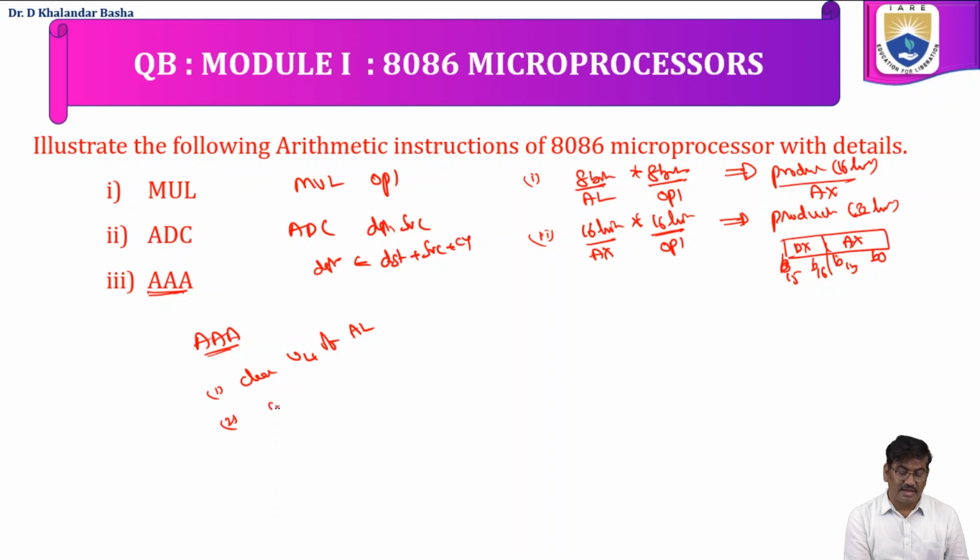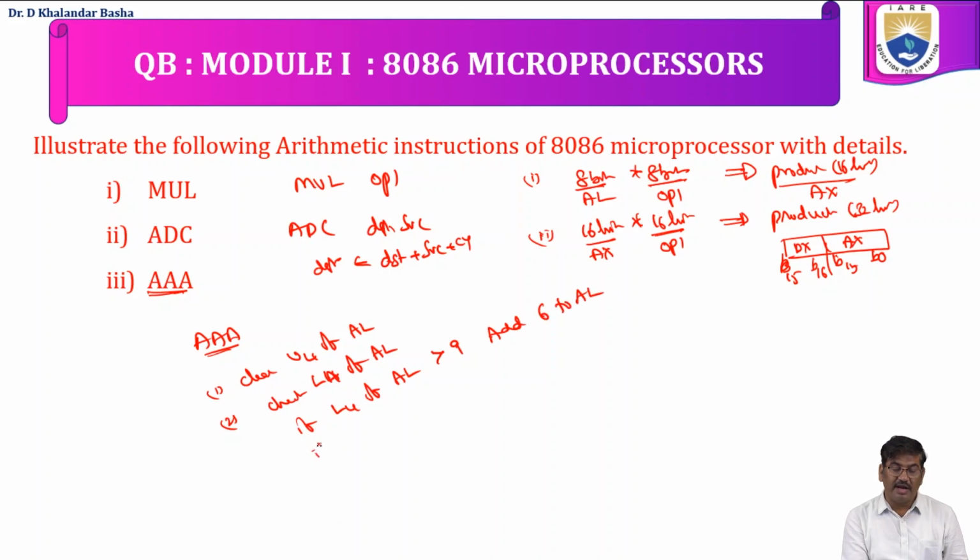Second, check the lower 4 bits of the AL register. If the lower 4 bits of the AL register are greater than 9, then add 6 to AL and increment the AH register. If the lower 4 bits of the AL register are less than or equivalent to 9, don't alter the contents of the AL or AH register.